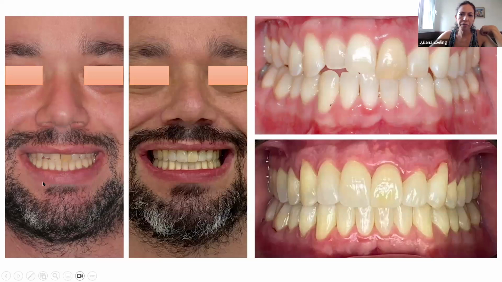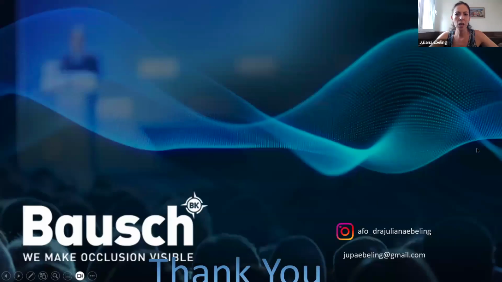This is how we started and how we finished, negotiating a little bit the aesthetics of this central incisor, but with this patient it's really stable. I saw this patient 2 months ago, and it's completely stable.